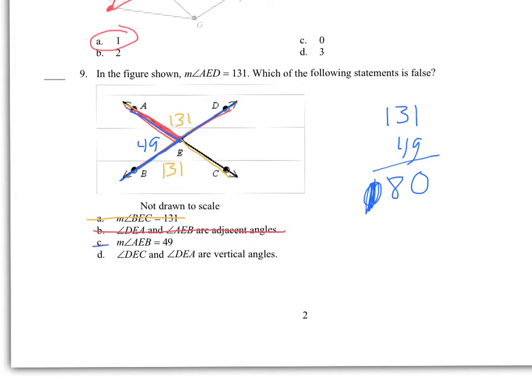So that's true, so that's incorrect. This has to be my answer, but let's just double check it. We have DEC, which is right here, DEC, and DEA are vertical angles. Well, DEA is actually adjacent. They share a side, so they cannot possibly be vertical angles. That makes that statement false.